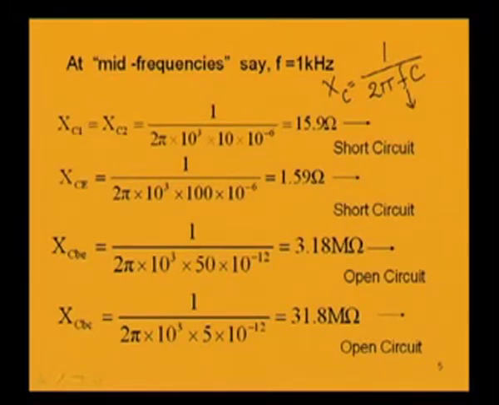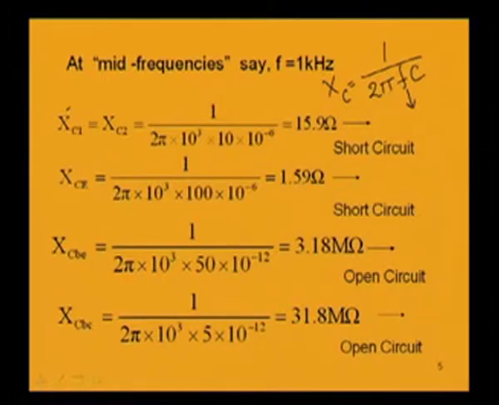So if this frequency is small, then the value of XC1 and XC2 will be higher than in the earlier mid frequency range. So if we consider a low frequency signal, then these capacitive reactances are significantly high.